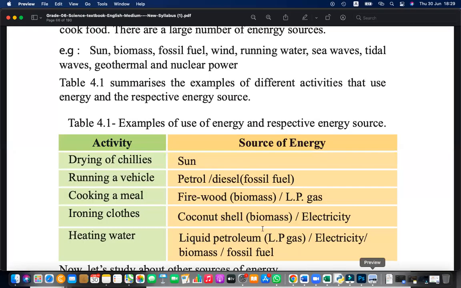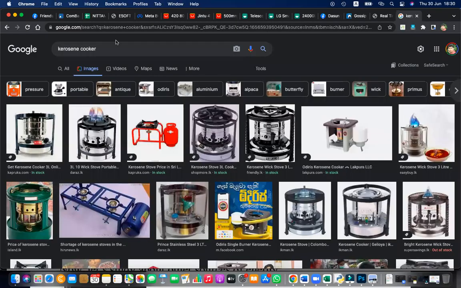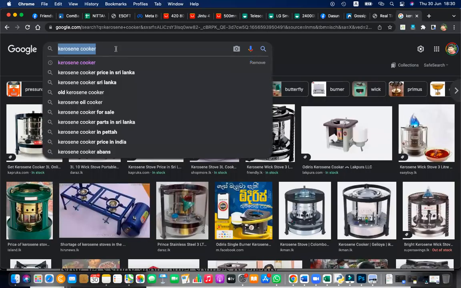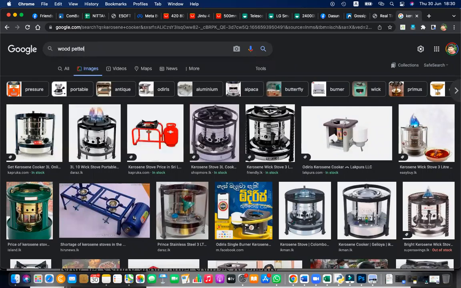Fortunately, we can still use biomass. But again, biomass cookers are available, but biomass is not available in cities and flats. So in the city area, it's very difficult to find biomass. But I saw that there are some innovations like small wood pellet cookers.